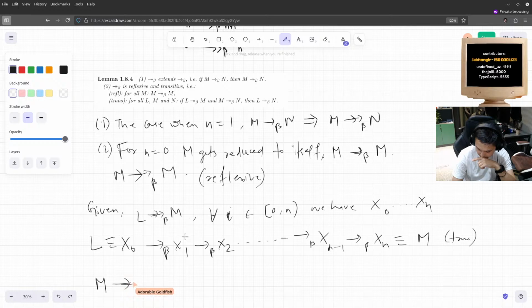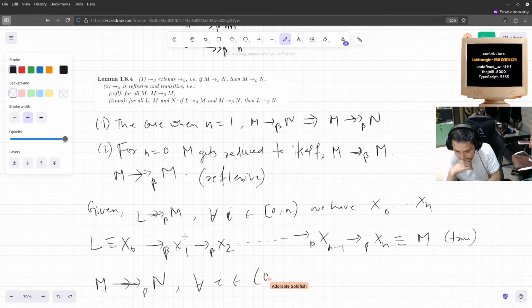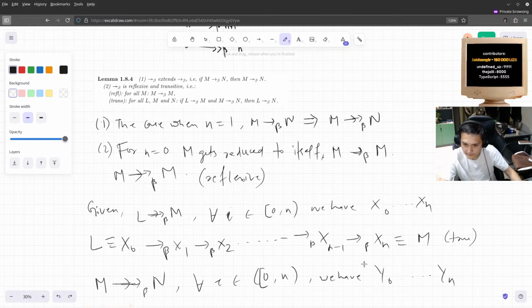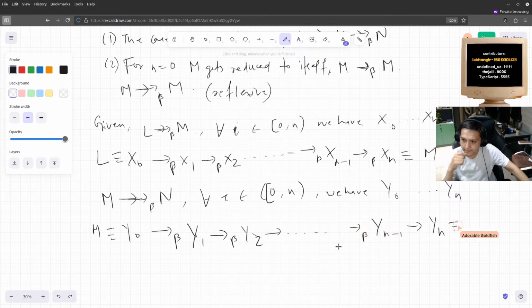Again, we have the same definition, for all i from 0 to n, we use y's, y0 to yn, such that M is equivalent to y0, beta reduced to y1, beta reduced to y2, and continues until beta reduced to yn minus 1, then yn, which is N. Do you get this? Yeah, I get that. It's just a mathematical for loop.